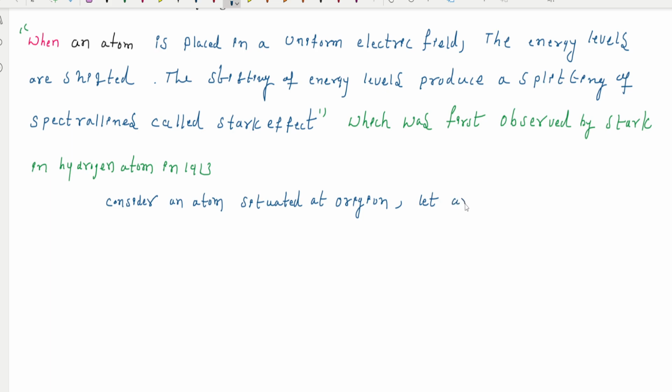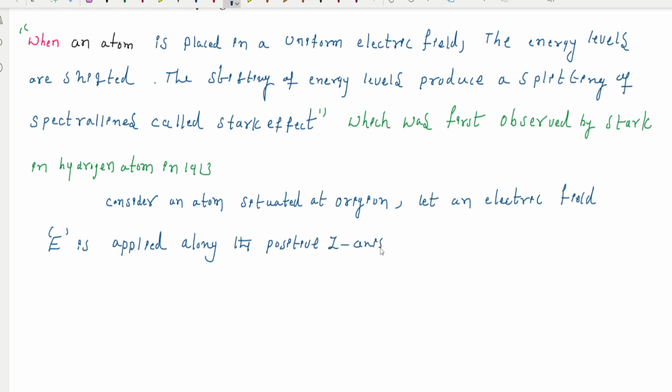Let an electric field E be applied along the positive Z axis.